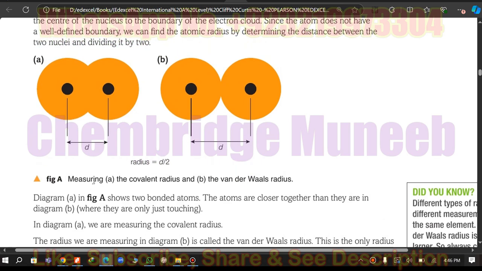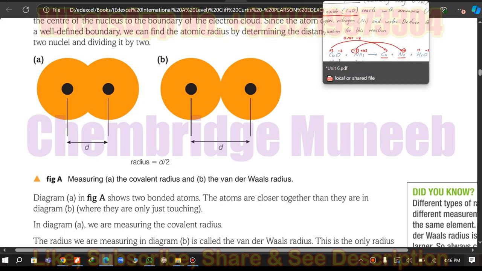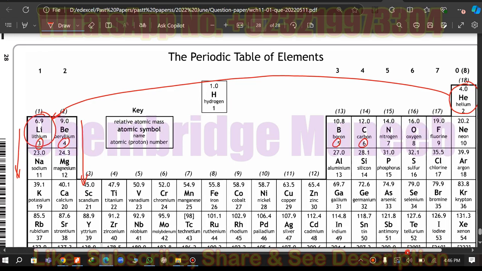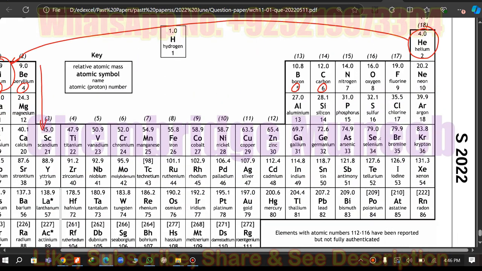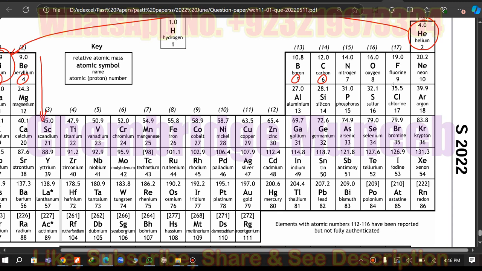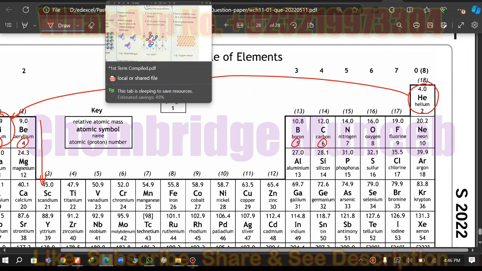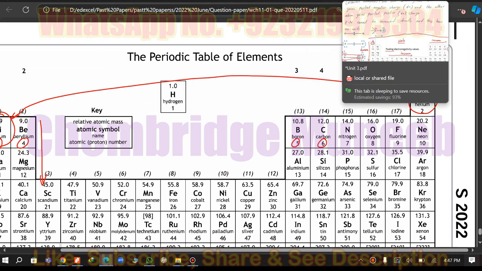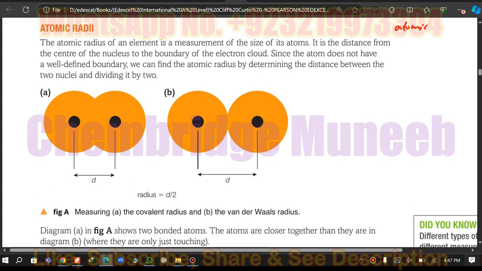covalent bond. Like you know that most of the elements in the periodic table are basically p block elements. They are in majority p block elements, right? On the right side, most of the elements are p block elements, and within the p block there are cases when the elements are showing covalent bond formation.